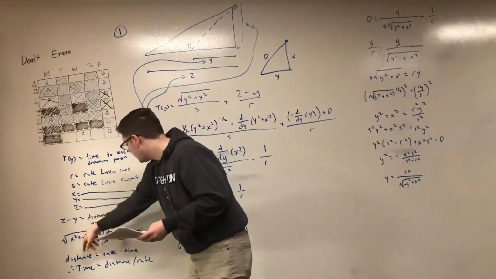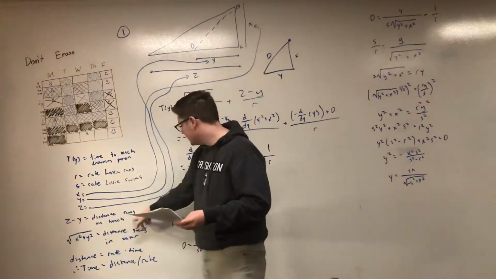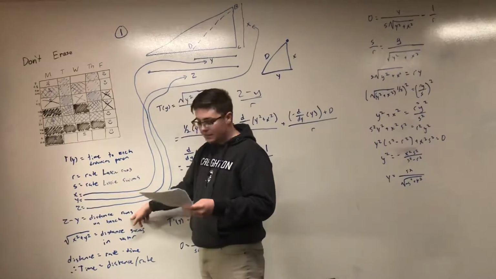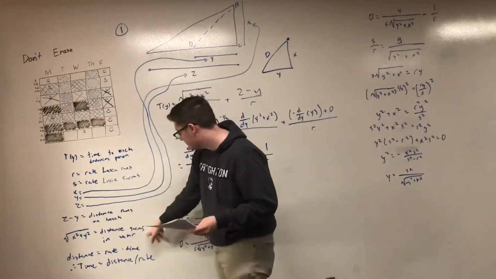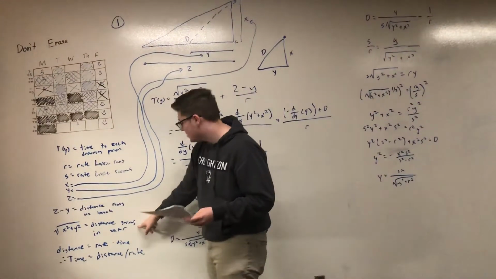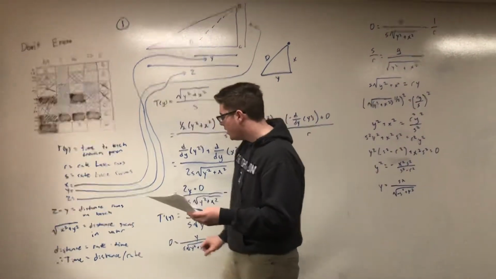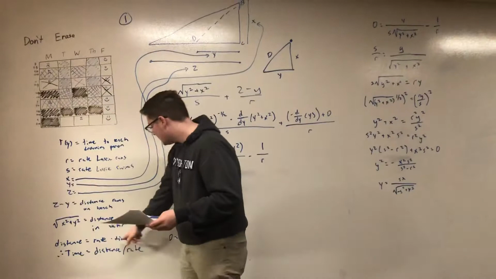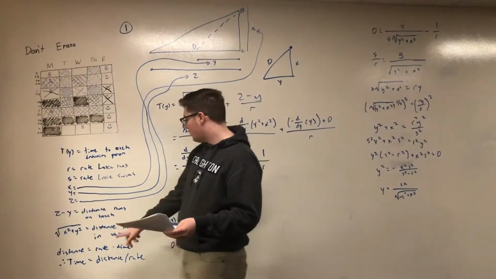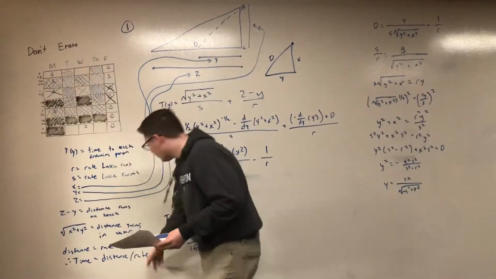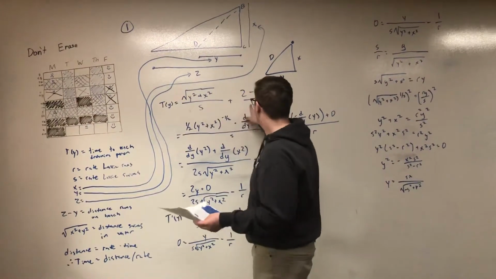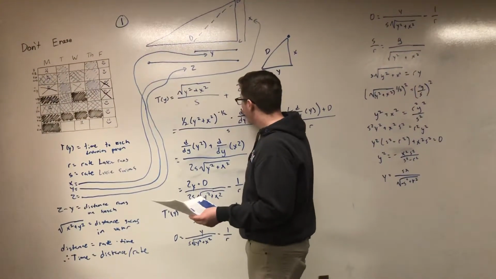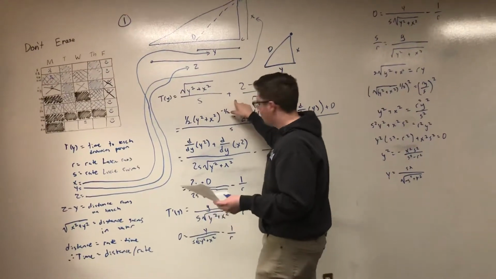So z minus y equals the distance that Lassie runs on the beach, and the square root of x squared plus y squared equals the distance she swims in the water. And we know the equation for distance is rate times time. Therefore, time equals distance over rate, which is why we put these over the rates s and r to get our equation.